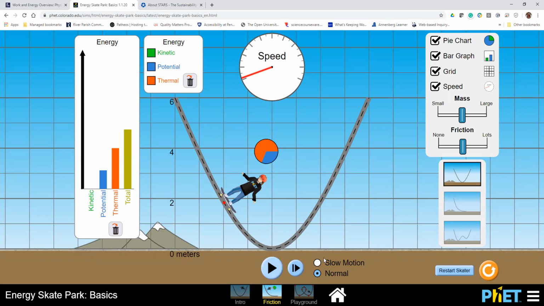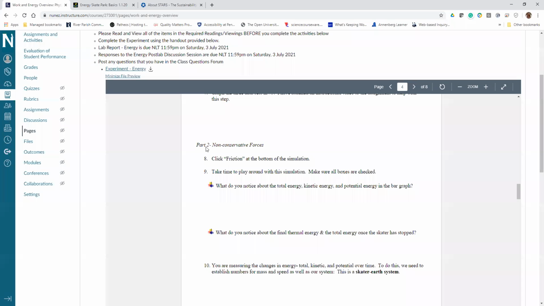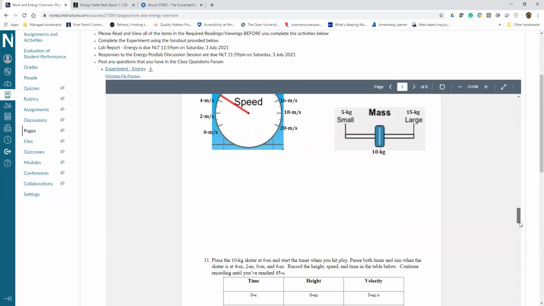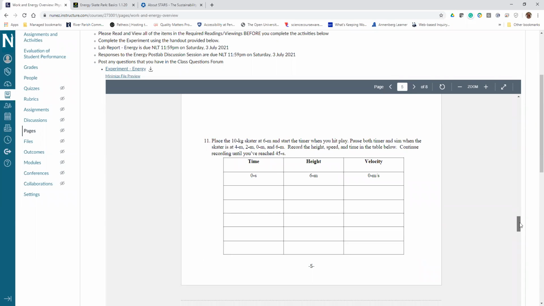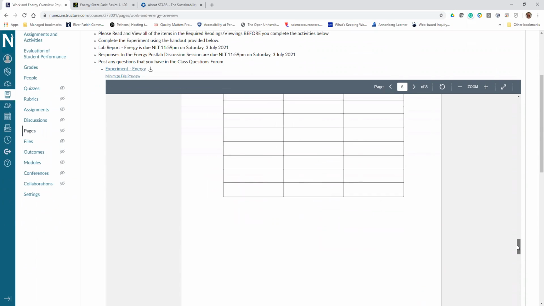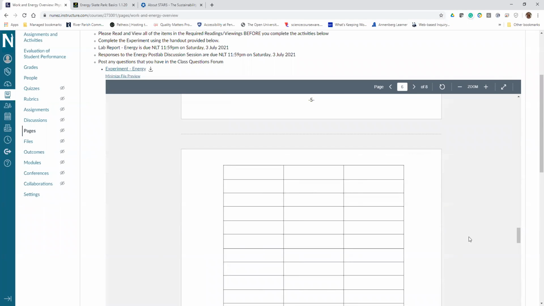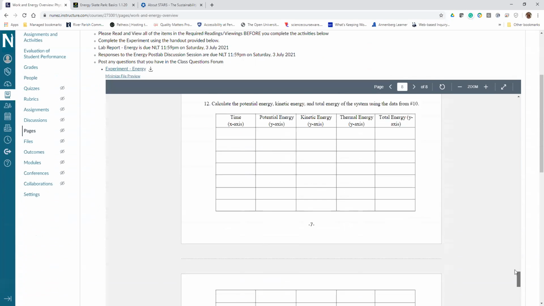So you are not going to be able to fill in the entire table on this one. Okay, you're not going to be able to fill in the entire table because the skater is not going to go for a full, I think they say, 45 seconds to a minute or something like that.